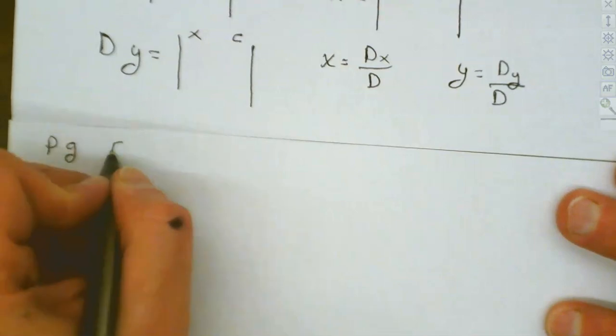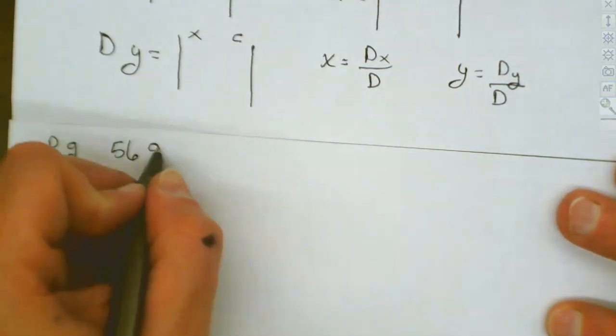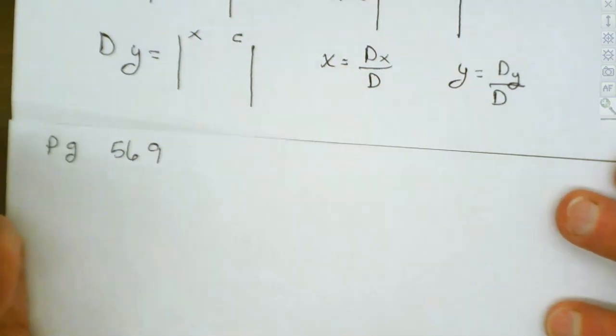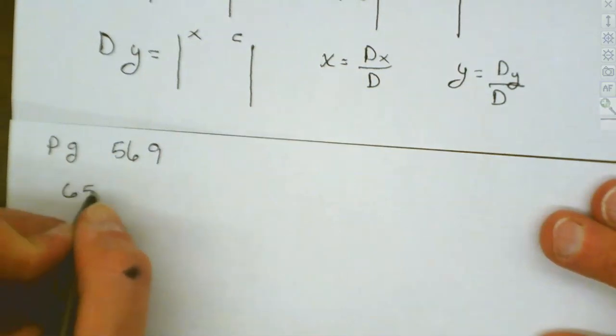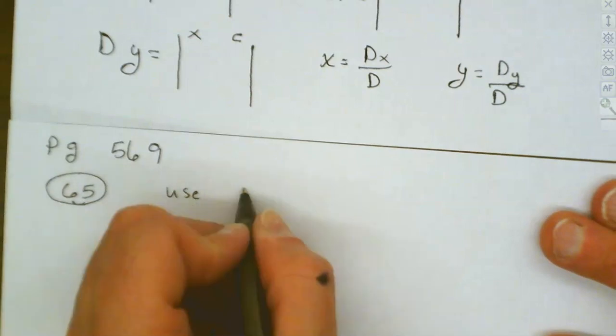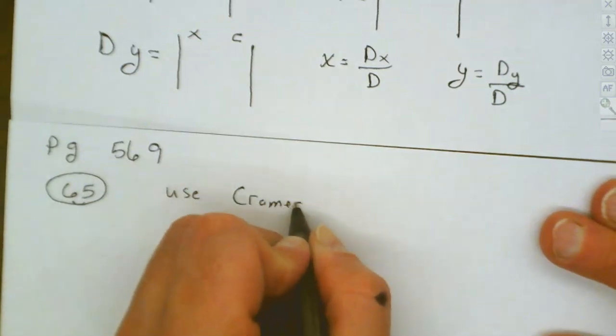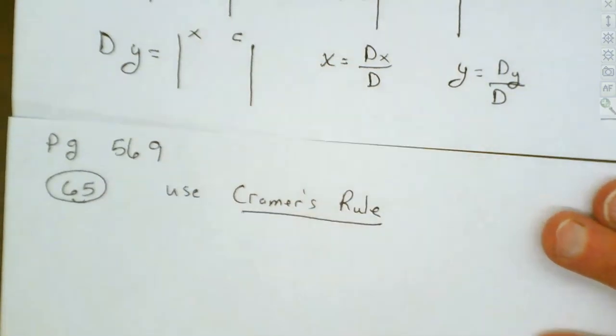So we're on page 569. We're going to look at question 65, and we're going to use Cramer's rule. So we're going to be solving this with Cramer's rule.